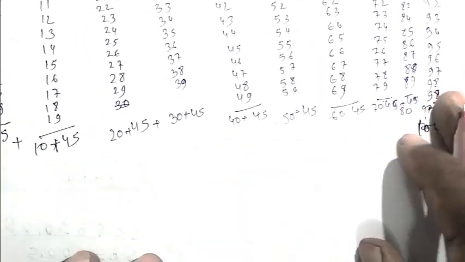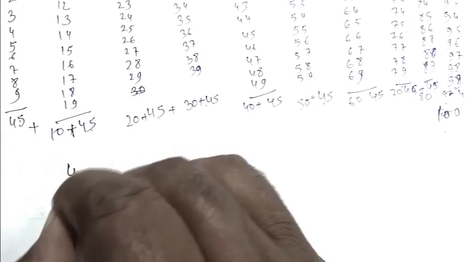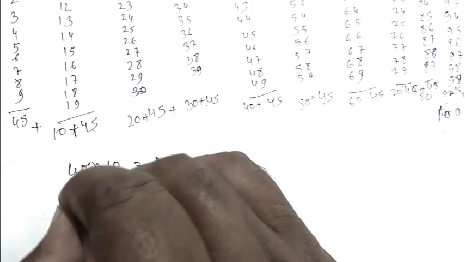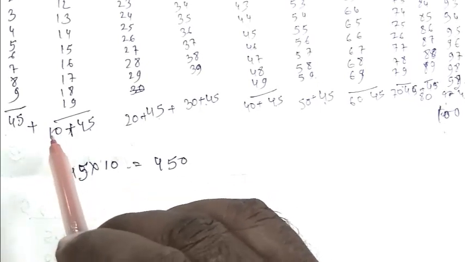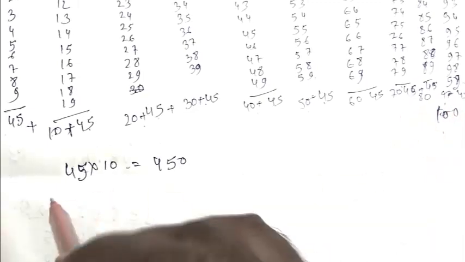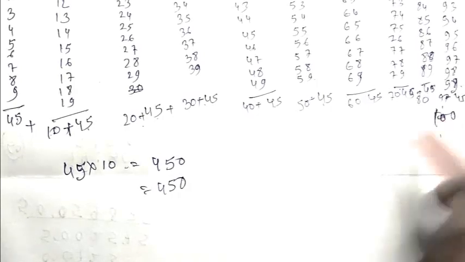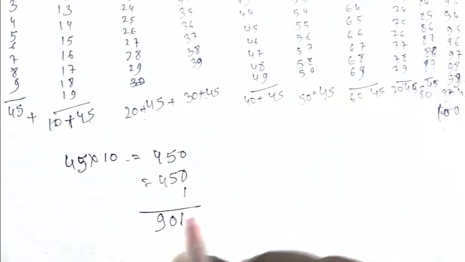So we add all the 45s, that is 45 into 10, 450. And if we add all the tens 10, 20, 30, 40, 50, 60, 70, 80 and 90, we get 450. In the number 100, the digit sum is only 1, so we add 1, we get 901. So the sum of all the digits from 1 to 100 is 901.